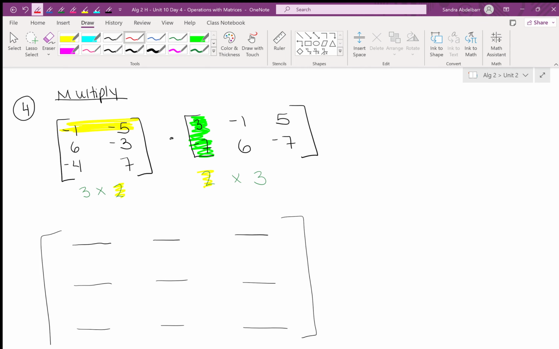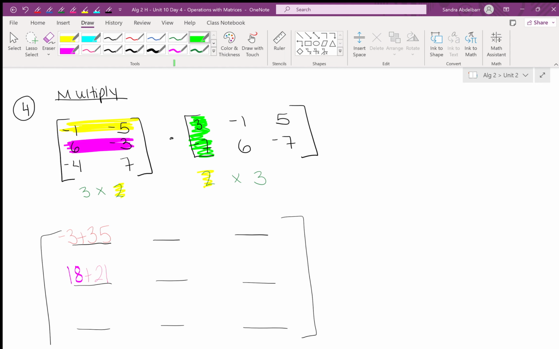Okay, guys, so what should we have gotten here? What we want to do is -1 times 3 is -3. -5 times -7 is a positive 35. Move down to your next element. 6 times 3 is 18. -3 times -7 is a positive 21.